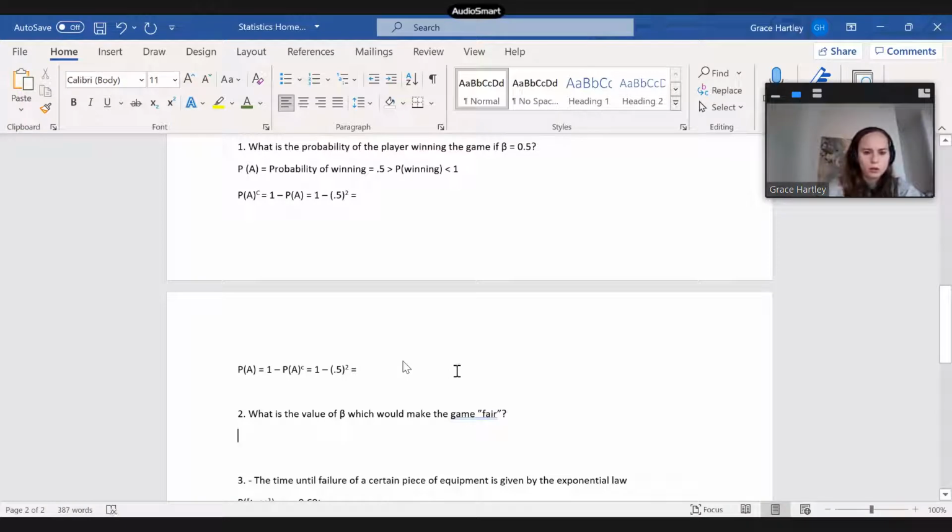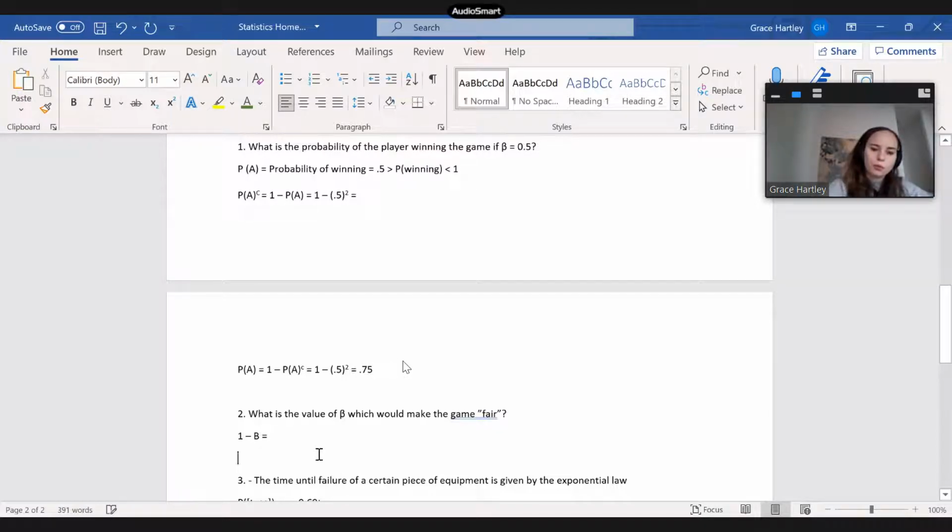A fair game means the probability is 50%, so it's 1 minus beta squared equals 50%, and now you want to solve for beta. I'll just do this now. 0.5 times 0.5 is 0.25, so it's 0.75 up here.